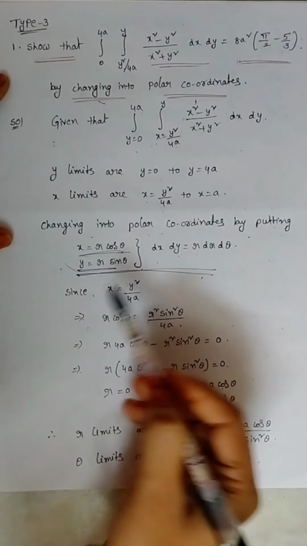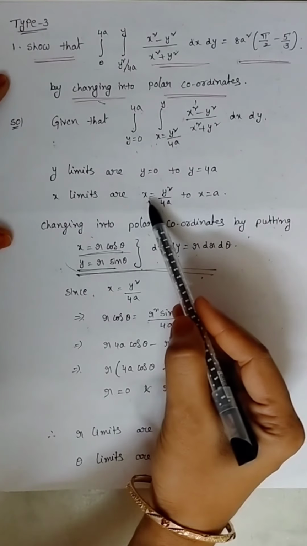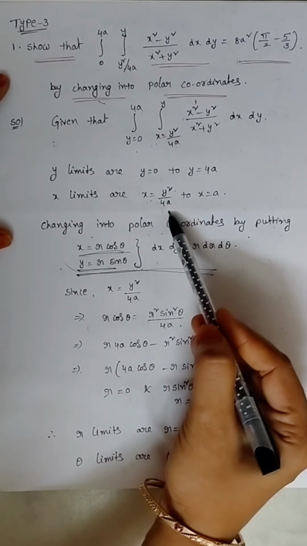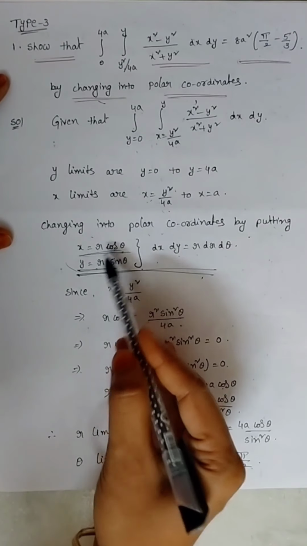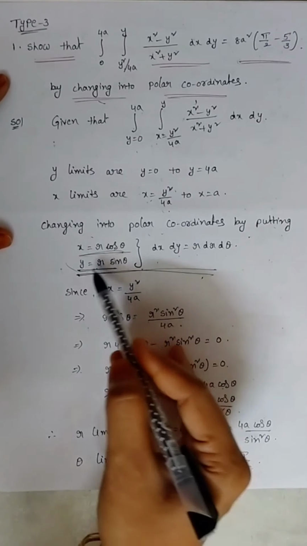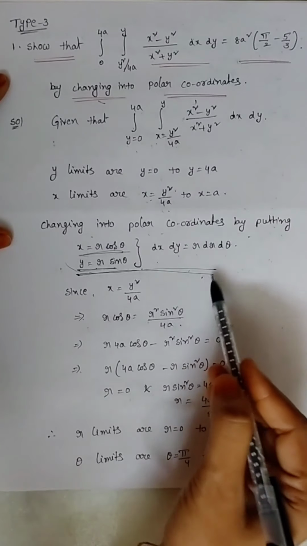Since x equals y square by 4a, with x equals r cos theta and y equals r sin theta, we can't directly find r limits and theta limits.